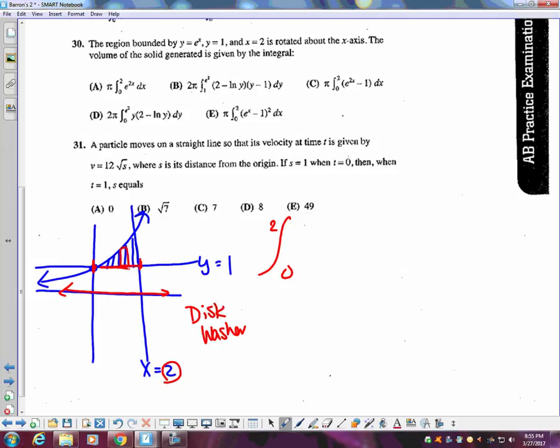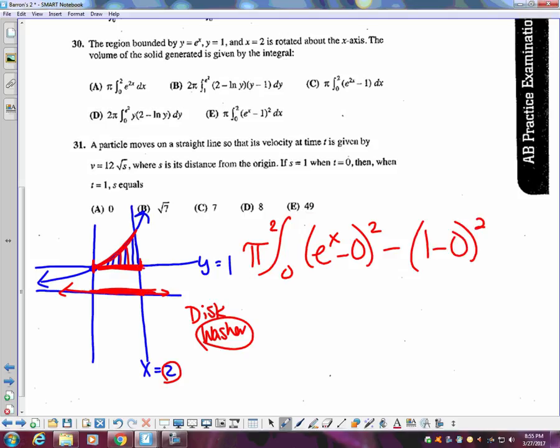And since there's this gaping hole in here, it's a washer, okay, so top minus axis of symmetry. So e to the x minus 0 squared, oh, and I forgot my pi, minus, all right, and then the hole, that's going to be from here to here, so 1 minus 0, and I know I don't need the zeros.